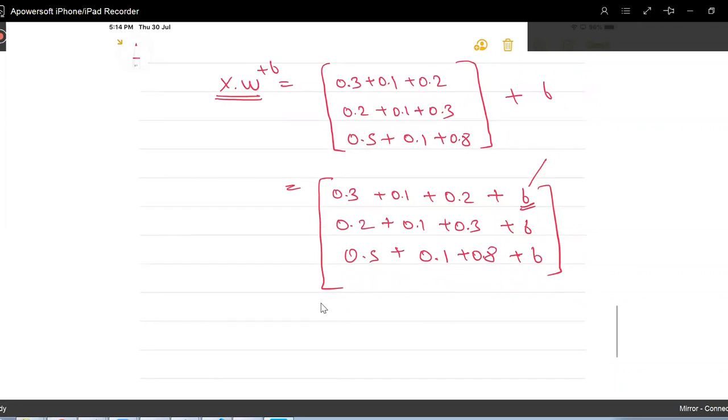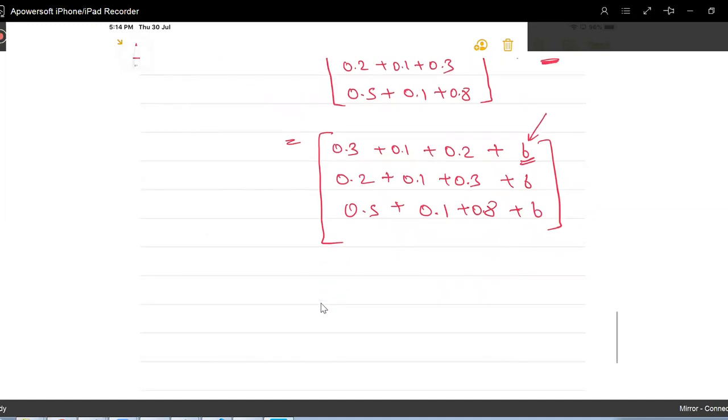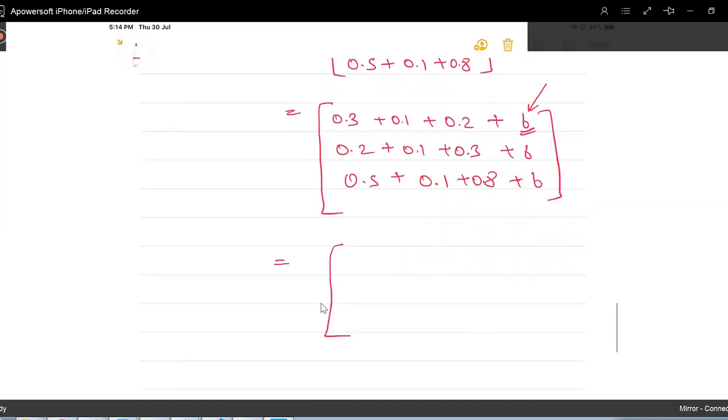Is this step clear? If we add bias, then this will be added to every row. Now I will take this b to the front. It will not create any problem. So it will be like this: b plus 0.3, 0.1, 0.2, b plus 0.2, 0.1, 0.3, b plus 0.5, 0.1, 0.8.